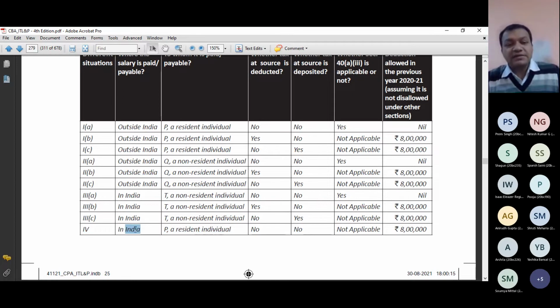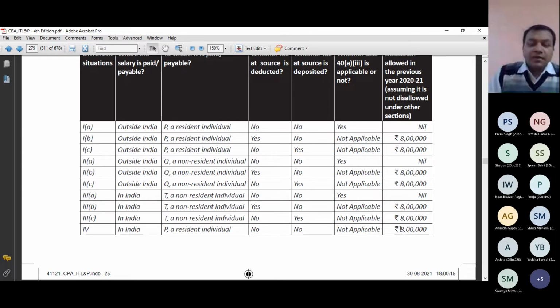Because if the payment is in India, then the recipient must be a non-resident. If that person is resident, then it does not matter whether tax has been deducted or deposited. The section itself is not at all applicable, and then there is no question of any disallowance. I will allow 8 lakh rupees.